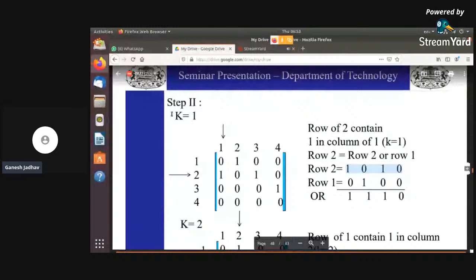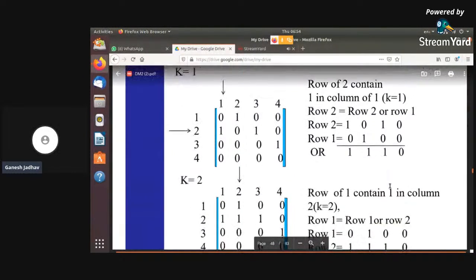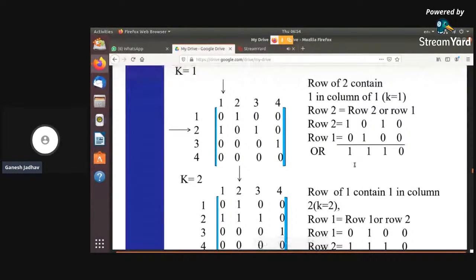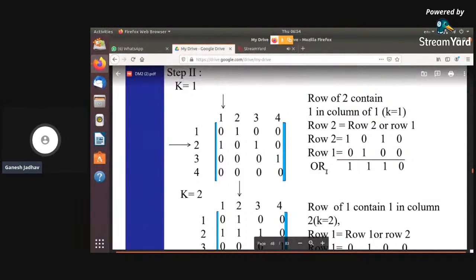Listen here, that's why you have to use row 1, using the OR operation: 1 or 0 is 1, 0 or 1 is 1, 1 or 0 is 1, and 0 or 0 is 0. The next step is that the modification is only in the second row.